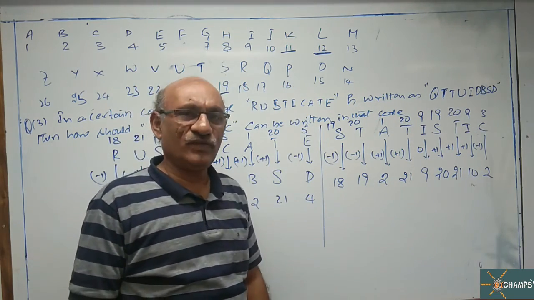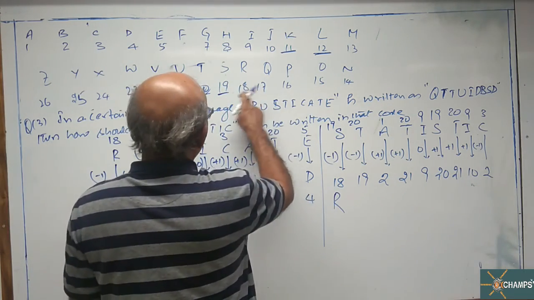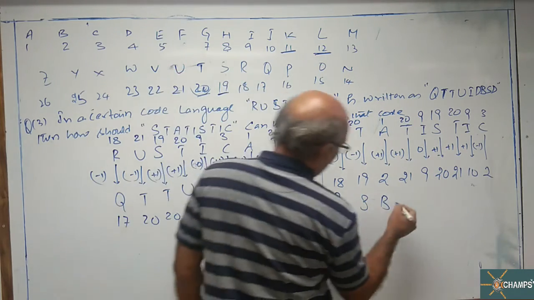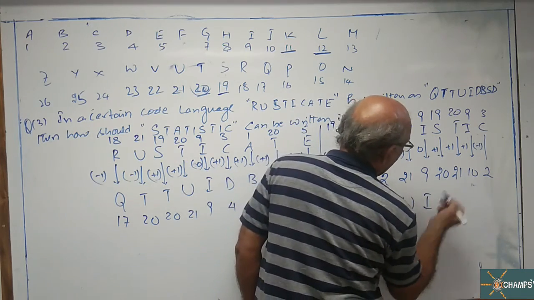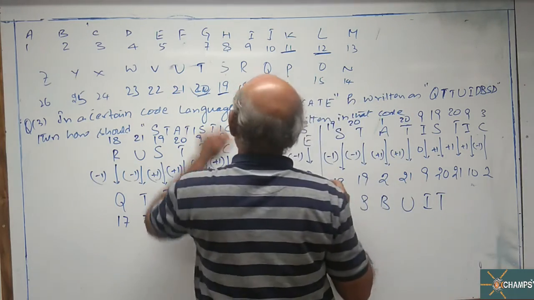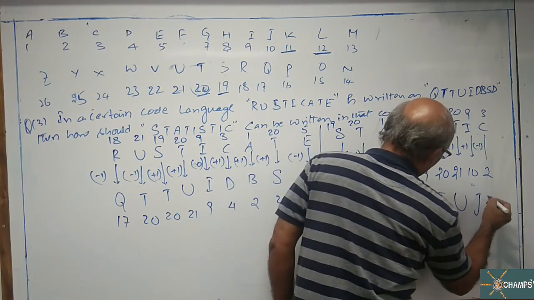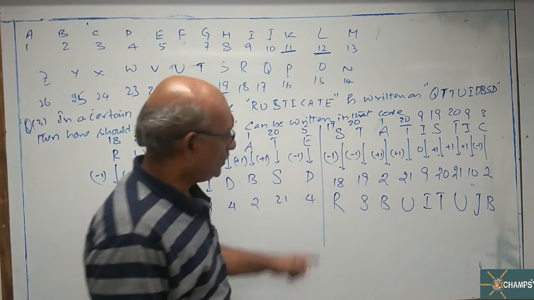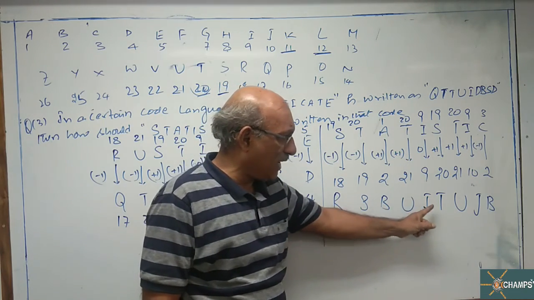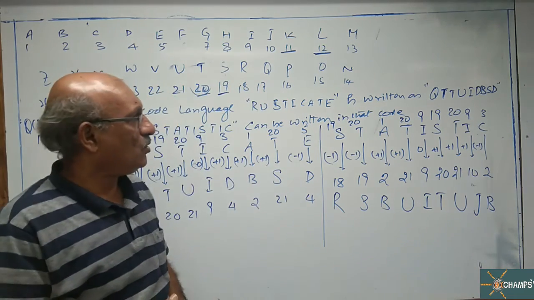Now you replace the numbers with letters. 18 is R, 19 is S, 2 is B, 21 is U, 9 means no change, I only, 20 means T, 21 means U, 10 means J, 2 means B. So in the same code, how can statistics be written, sir? R, S, B, U, I, T, U, J, B. Okay? Note down the solution.